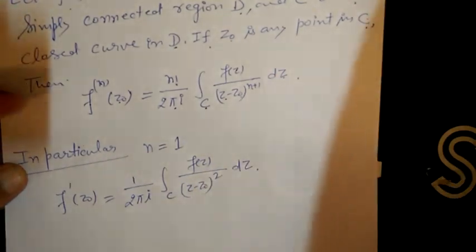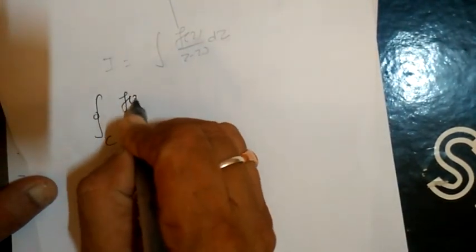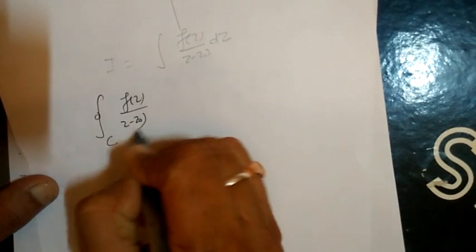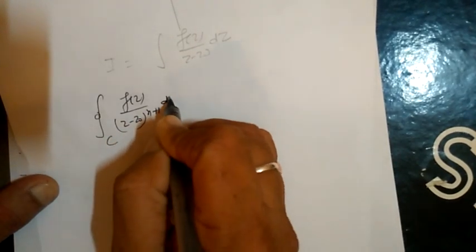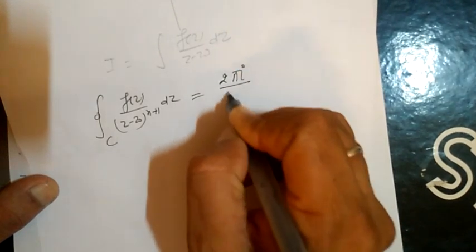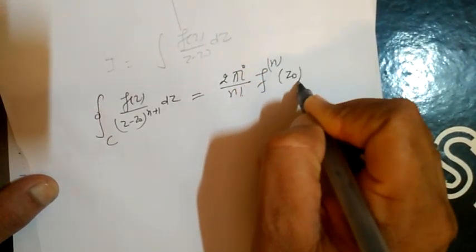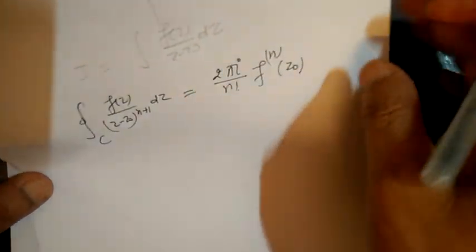That is, this expression rewritten: the integral along a closed curve C of f(z) upon (z minus z naught) to the power n plus 1 dz is equal to 2 pi iota upon n factorial times the nth derivative of f at point z naught.